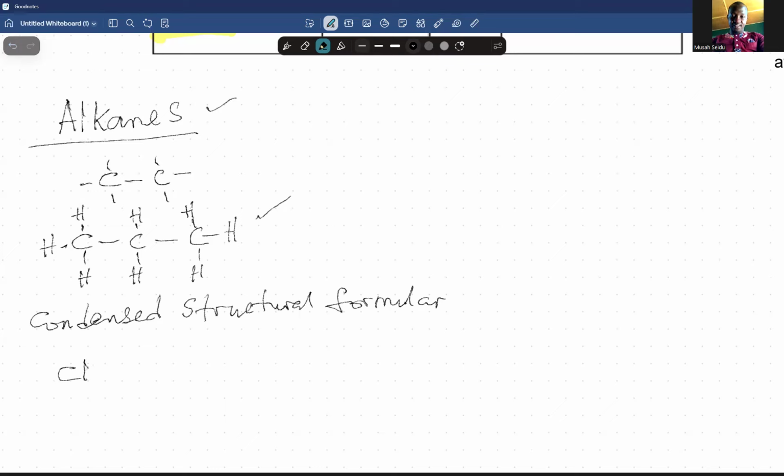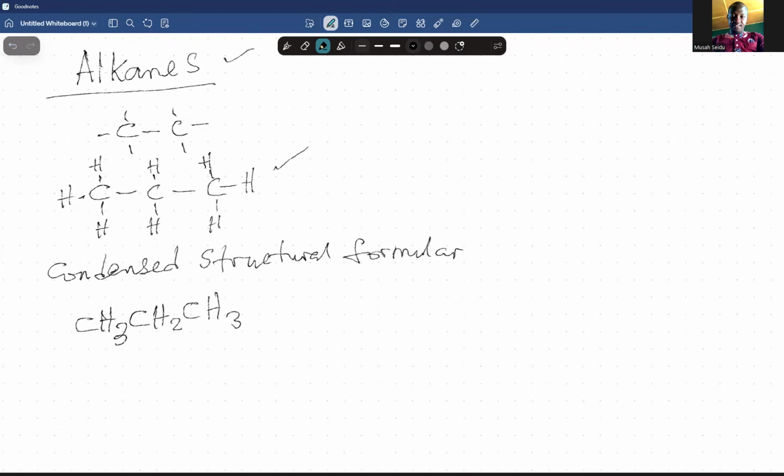I have 3. And then I write my second carbon, and ask how many hydrogens surround it. I have 2. And my third carbon has 3 hydrogens. So that is the condensed structural formula of that molecule.